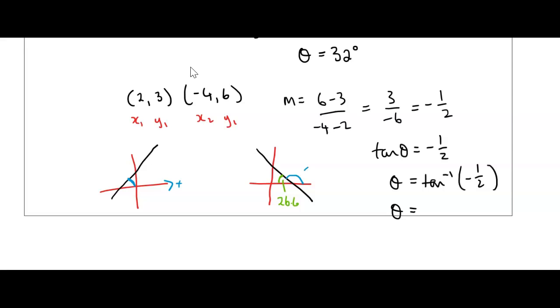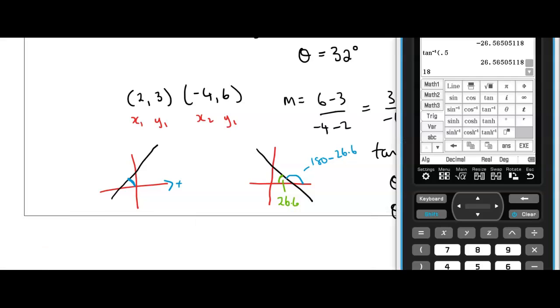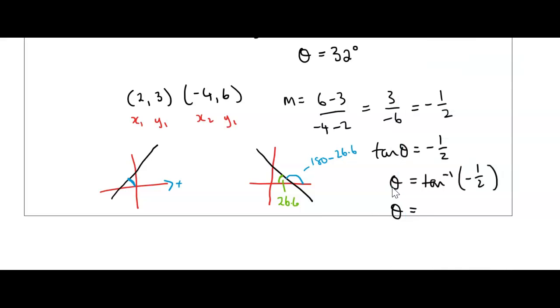So a straight angle is 180. So it's just going to be 180 minus 26.6. So on our calculator, I'm just going to go 180 minus, whoops, sorry, I'm not used to this calculator. All right, scroll down, and we can just have 153.4.